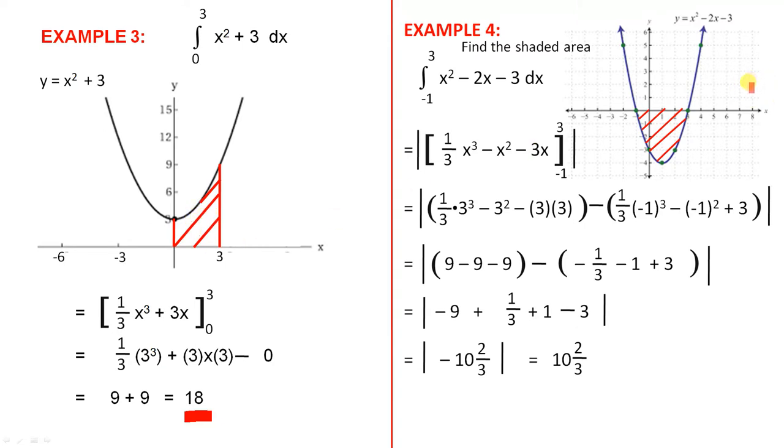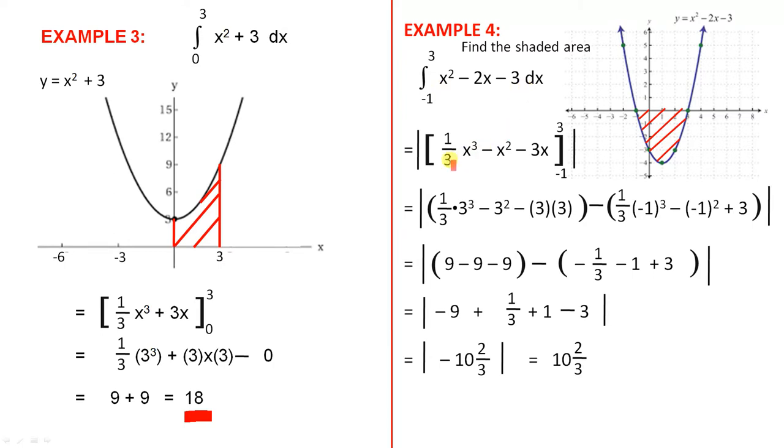Example 4. We're asked to find the area between this curve and the x-axis from -1 to 3. So here is the equation, y equals x squared minus 2x minus 3. That's the equation of that parabola. Here are the limits.